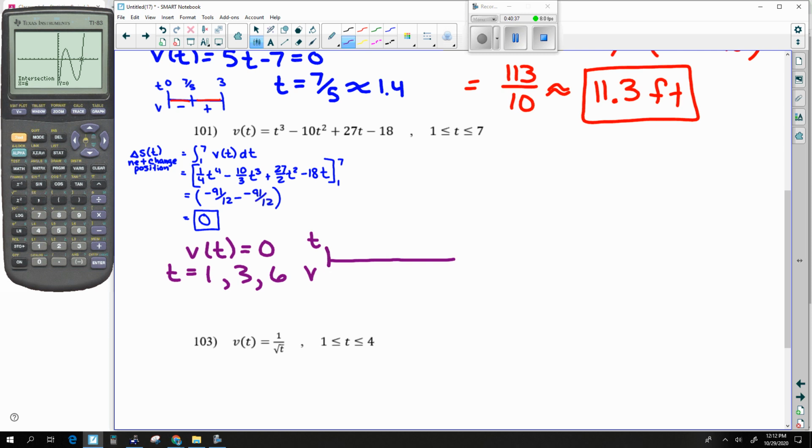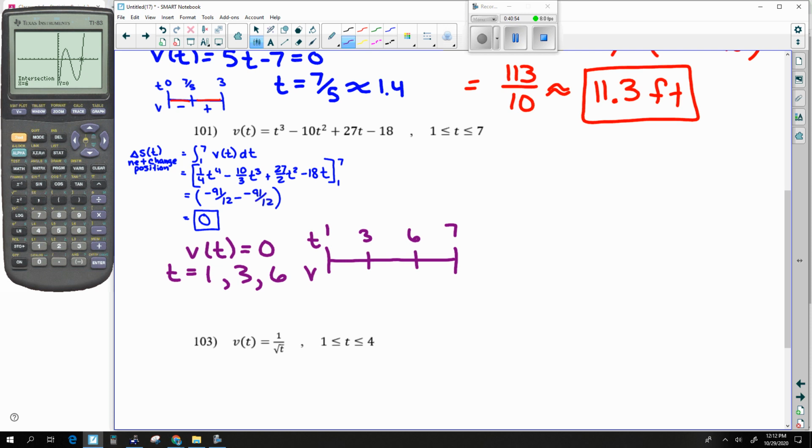So again, we're only interested from 1 to 7. And so that would be 3 and 6. Okay, 1 is one of the edges.